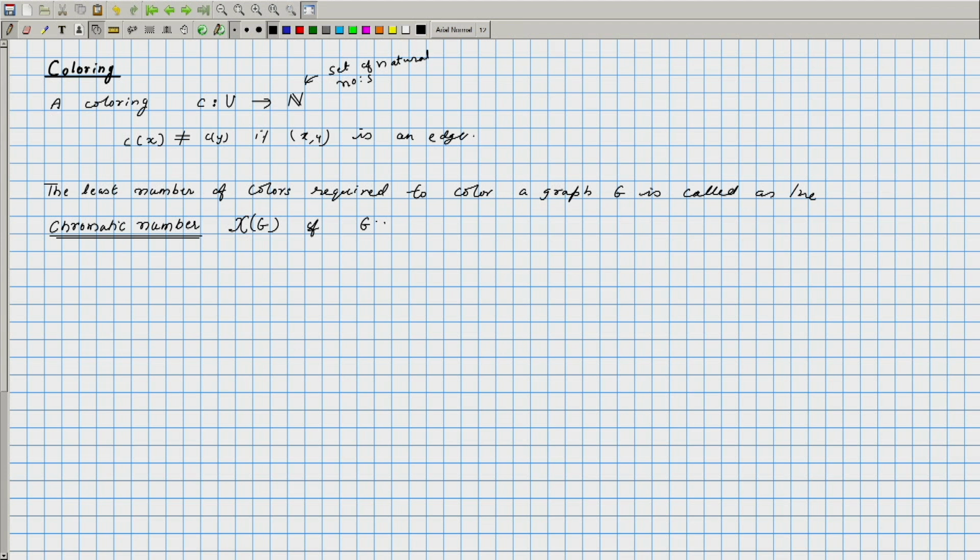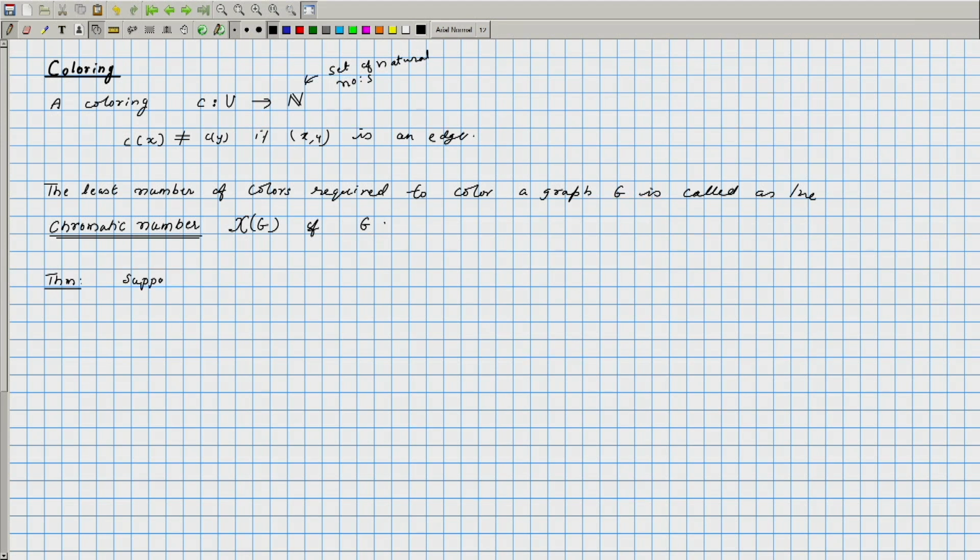This is a difficult problem. For arbitrary graphs, finding an algorithm which will determine this is not an easy task. But we will look at a greedy algorithm for coloring, and we will say that the chromatic number is going to be certainly less than some quantity. So, we will basically prove the following theorem.